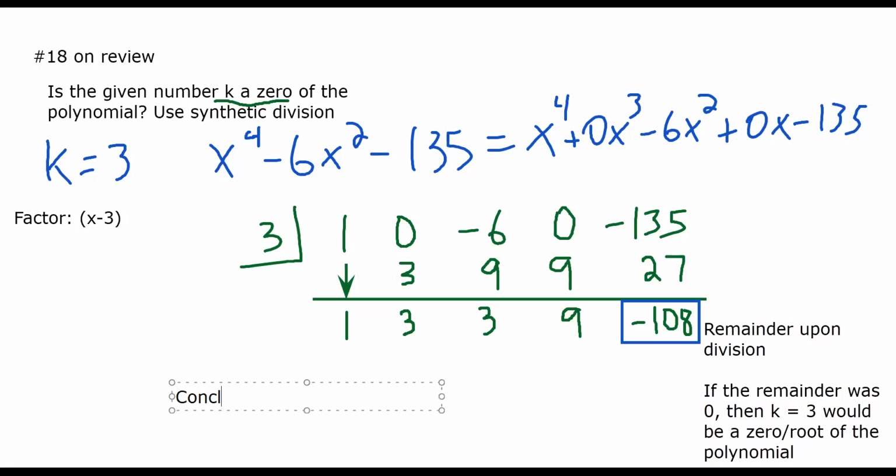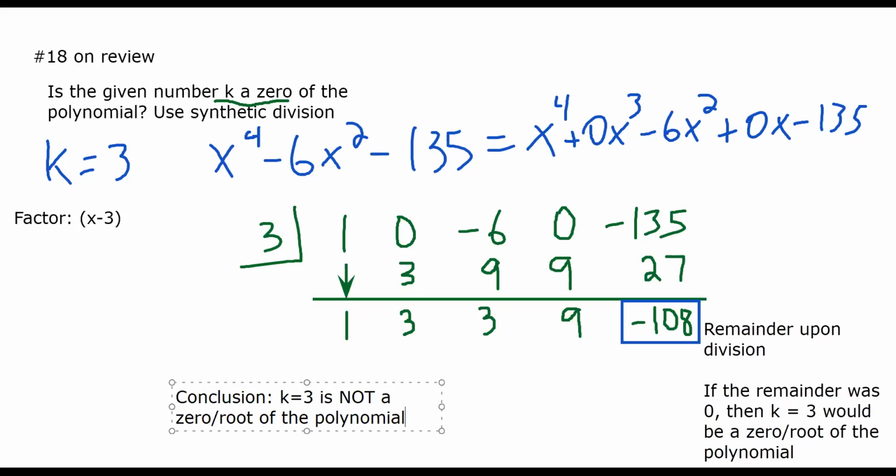So my conclusion, k equals 3 is not a 0/root of the polynomial. What does that mean? That means we couldn't factor x minus 3 out of this polynomial and slowly start to factor it and make our lives easier. So we'd like to have that as a root, but very rarely do we actually get it.